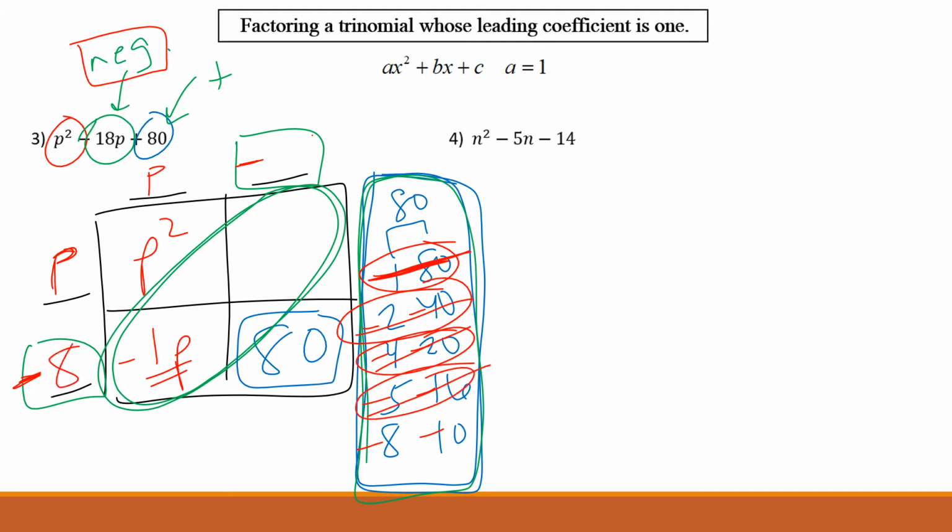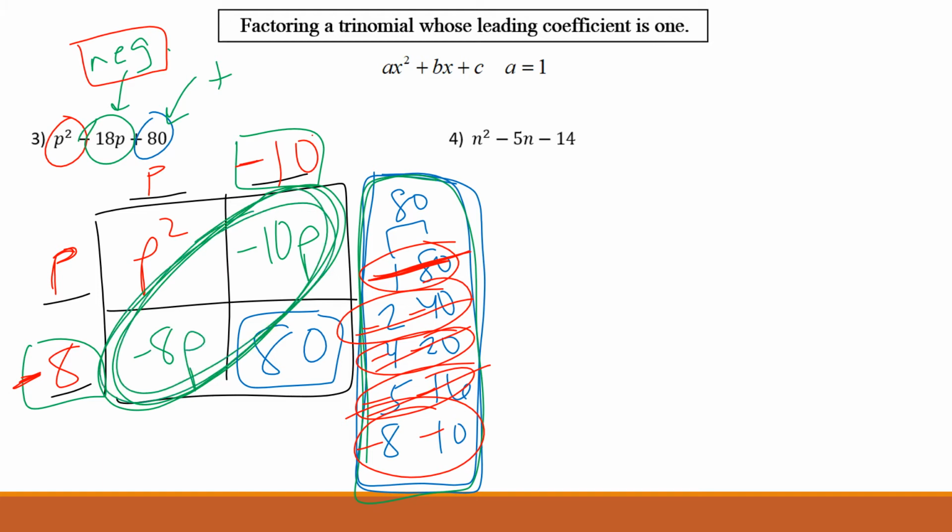Negative 8 and negative 10 does add up to negative 18. If I check this, negative 10p and negative 8p, those 2 things add up to negative 18p.